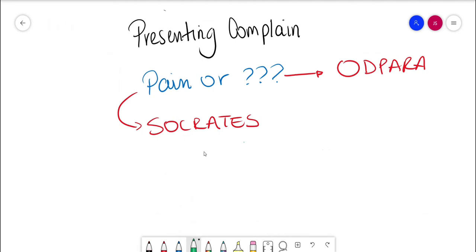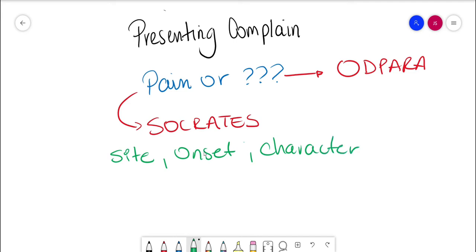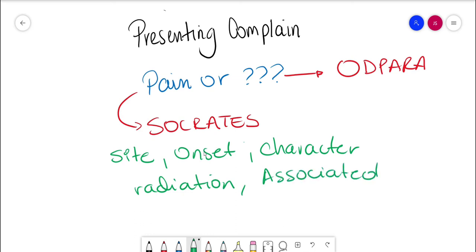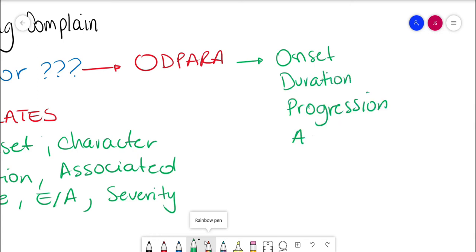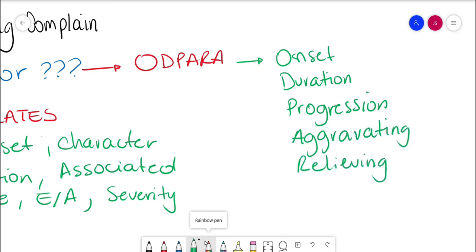So, site, onset, characteristics, radiation, associated features, time, exacerbating or attenuating factors, and severity. ODIPARA, on the other hand, we need to ask about the onset, duration, progression of the disease, aggravating factors, relieving factors, and associated symptoms.